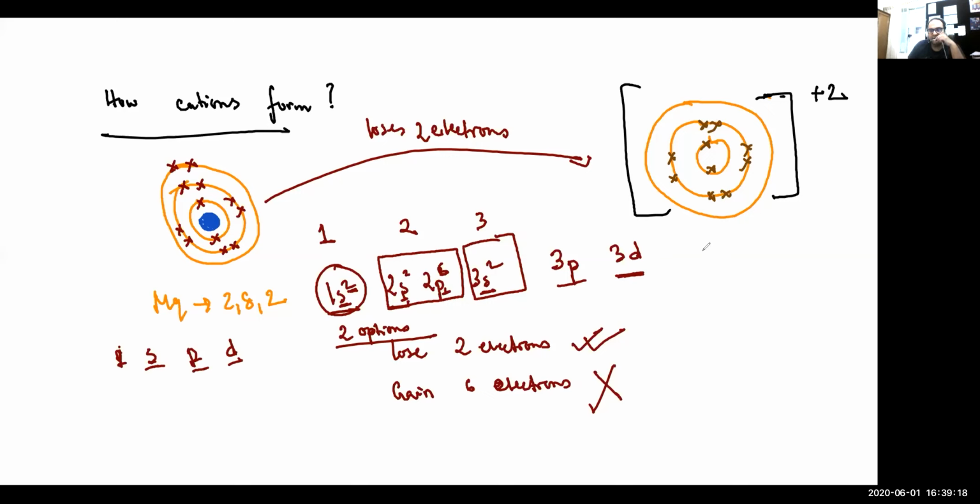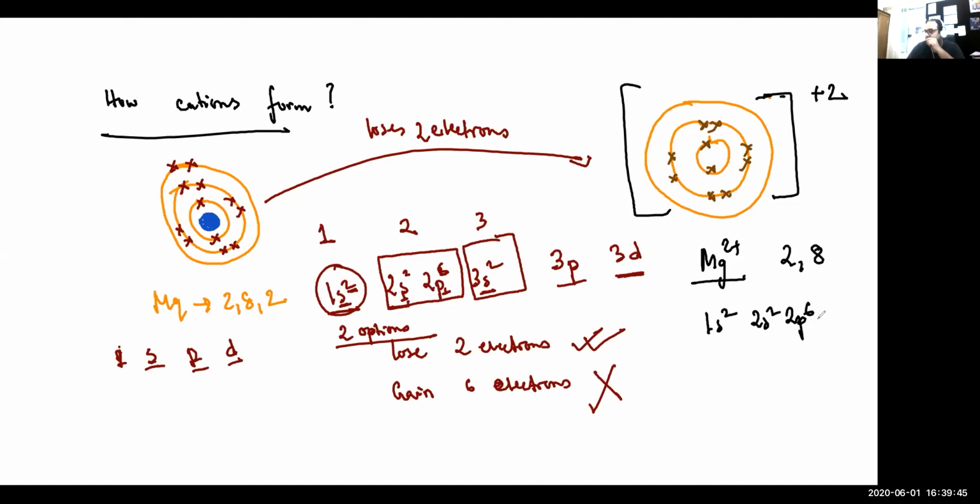So now what is the electronic configuration of magnesium? 2, 8. And if we write it with respect to s, p, d, it's 1s2, 2s2, 2p6. What has happened to 3s? It's lost.